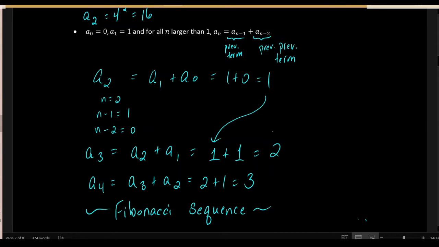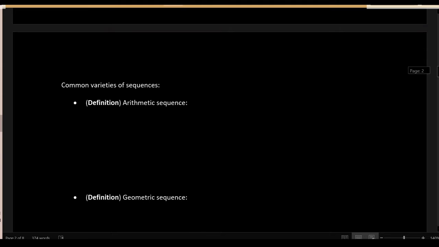Now the three examples of sequences that we just examined represent three major varieties of sequences, which are each given special names. The first common variety of sequence is called an arithmetic sequence. When does a sequence deserve to be called arithmetic?